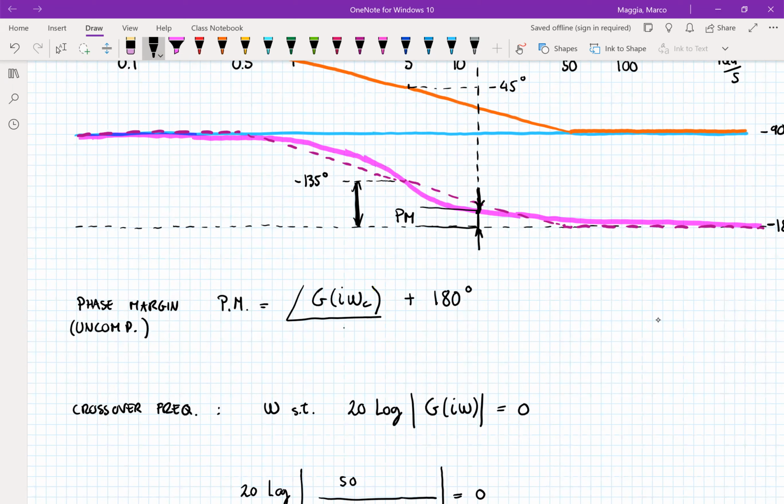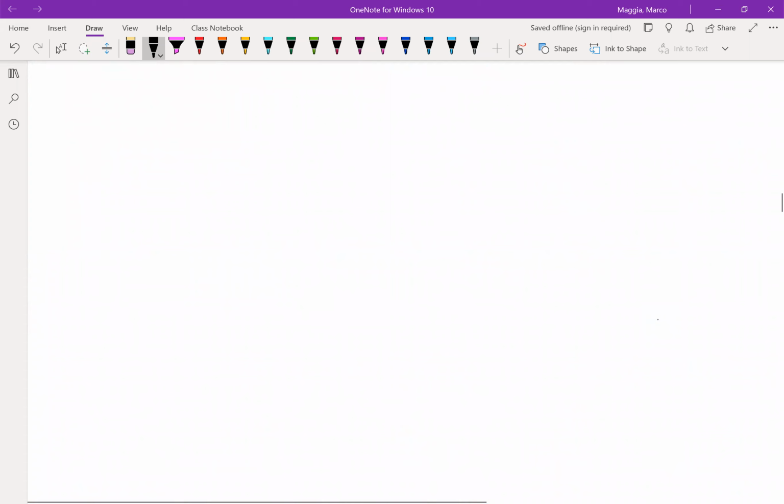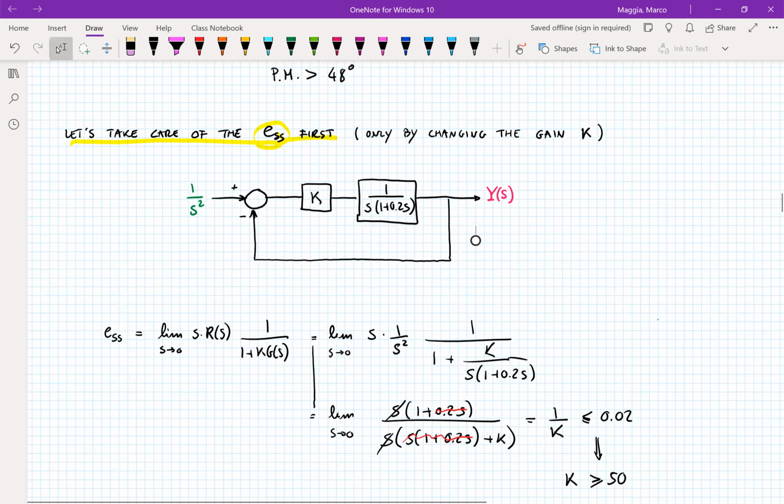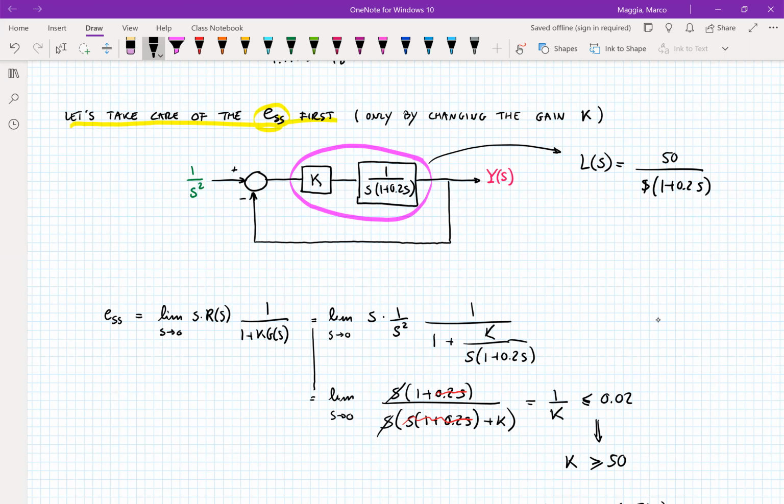Remember that we were considering L of i omega, and L is the transfer function on the upper branch in our block diagram. So in our block diagram now, for the uncompensated system, L of s is equal to 50 over, what was it, s times (1 plus 0.2 s), okay?